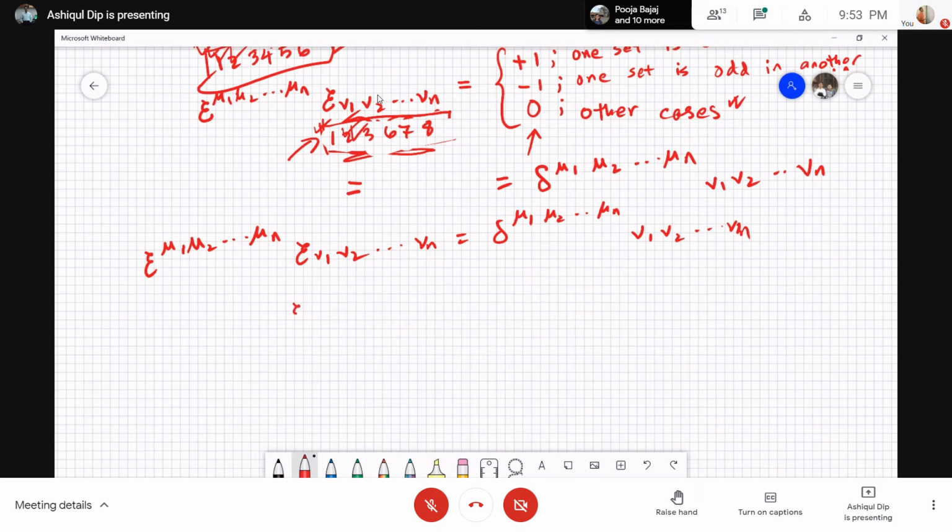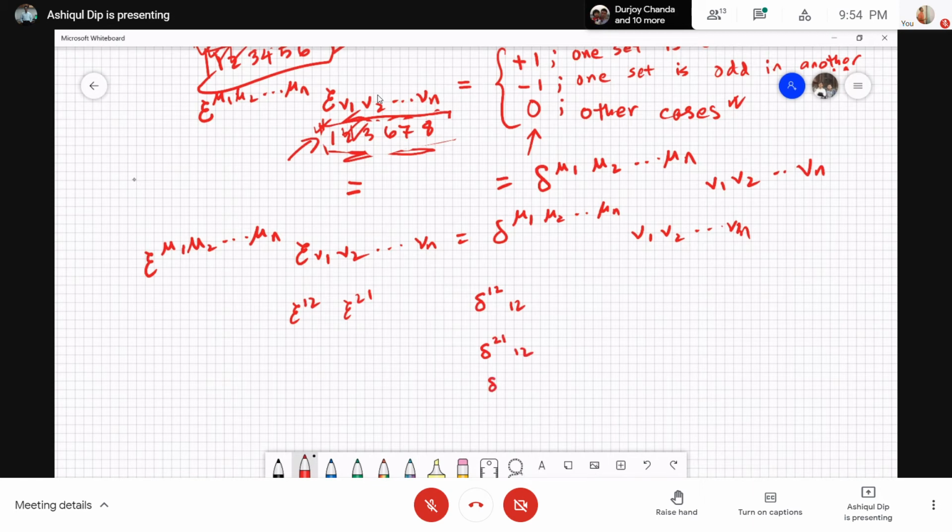So the possible things are E12 and E21. Kronecker delta with 4 indices can have 1 2, 1 2. That's one possibility. Another is Kronecker delta 2 1, 1 2.